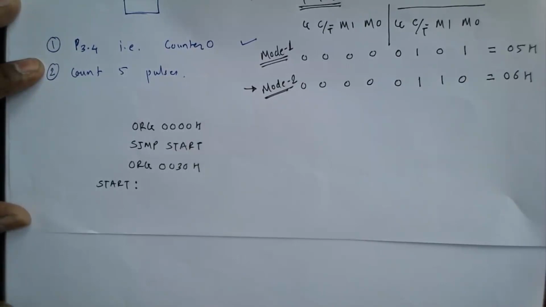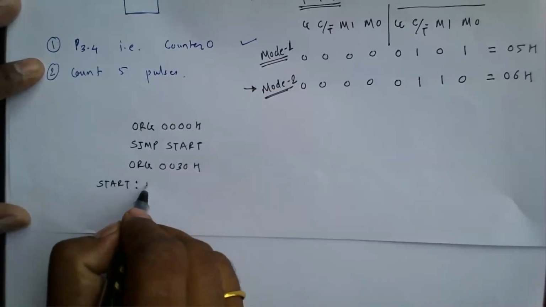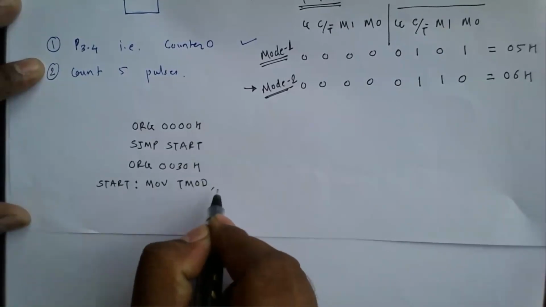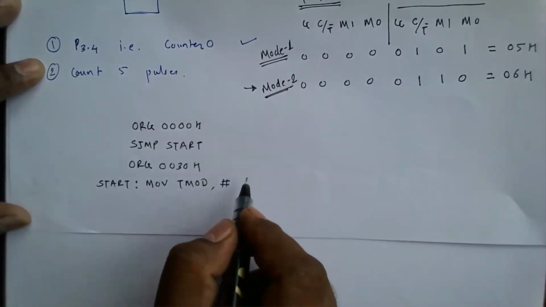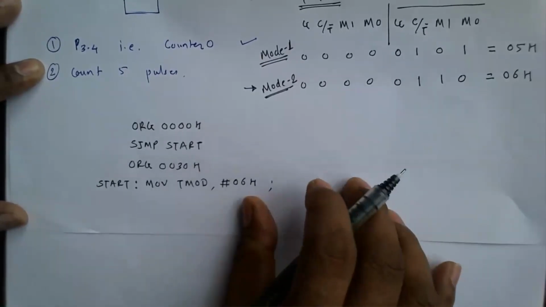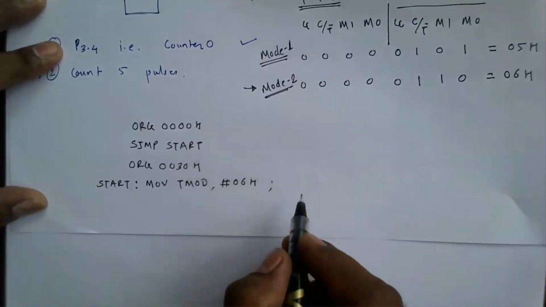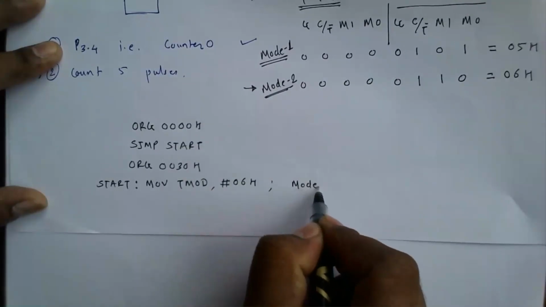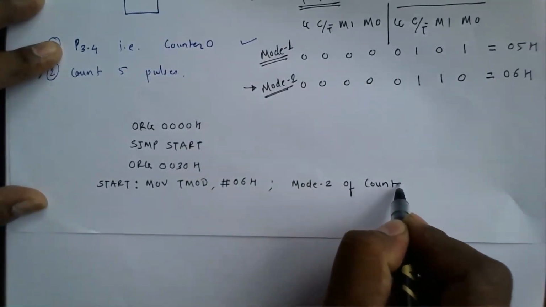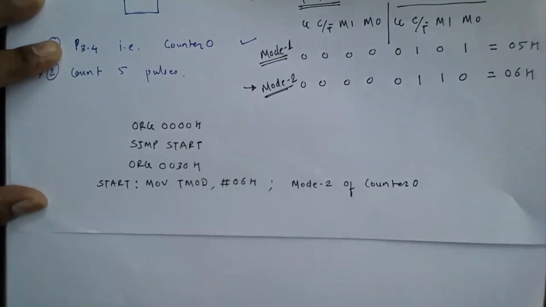What will be the first step? First step is to set the value for TMOD. So MOV TMOD, hash. What is the value of TMOD? This is 06H. What we are doing here by using 06H, we are using mode 2 of counter 0, right?